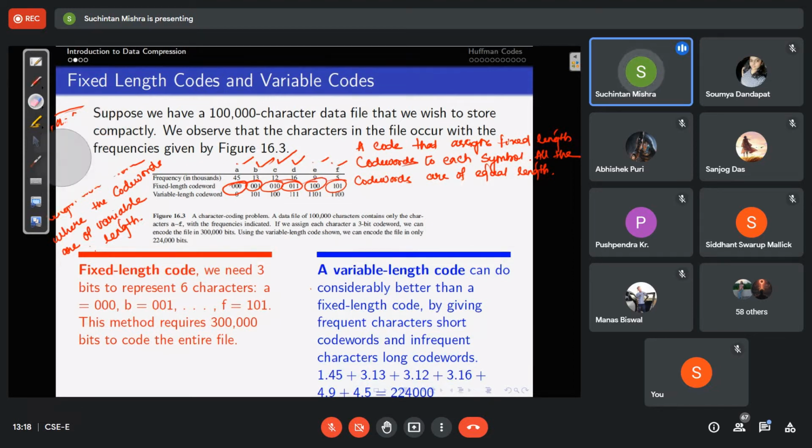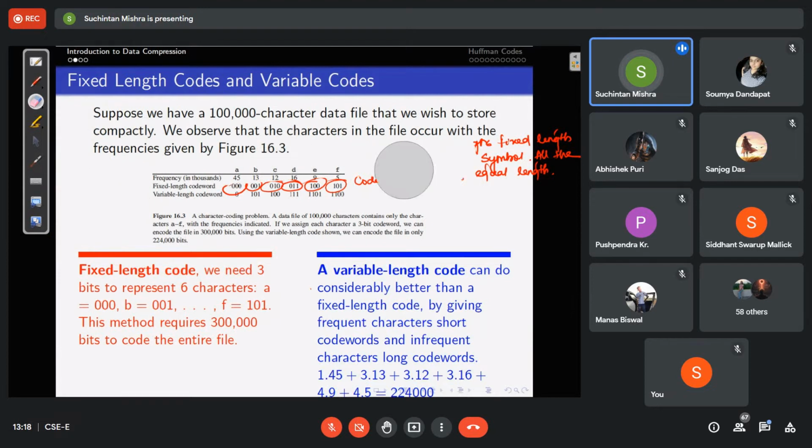Now, let us try to find out what is the difference between a fixed length code and a variable length code. Let us look at this example. Suppose we have a 100,000 character file.